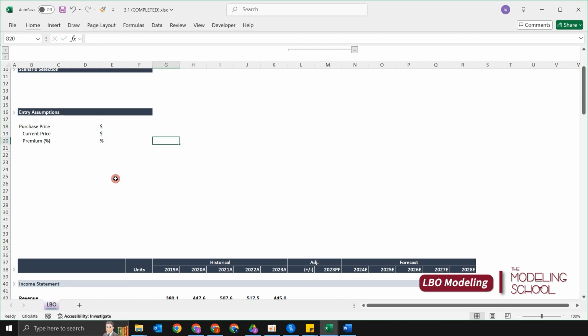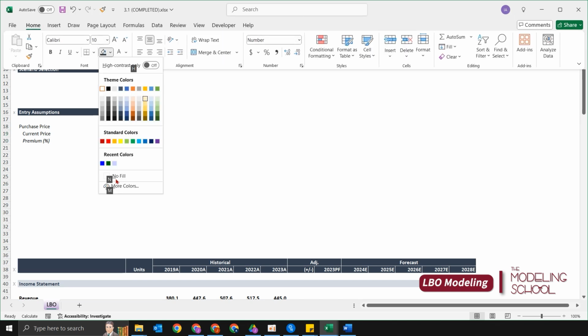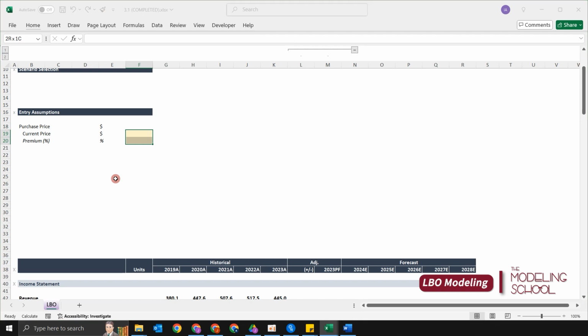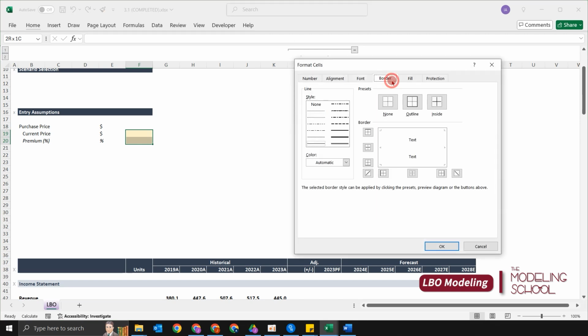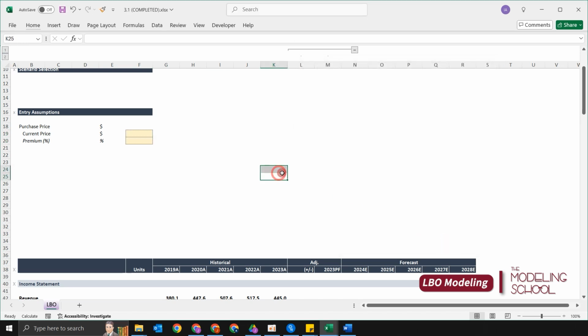Premium is going to be in percentage terms. And obviously these two cells have to be formatted as assumptions. So we're going to use our traditional yellow backgrounds with some dotted border lines.